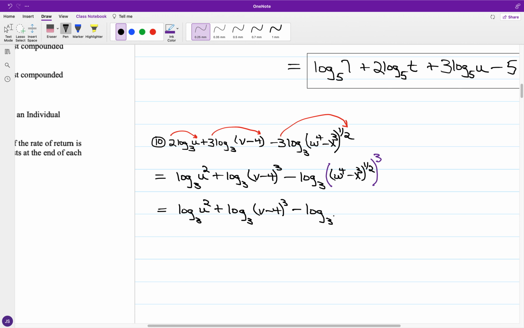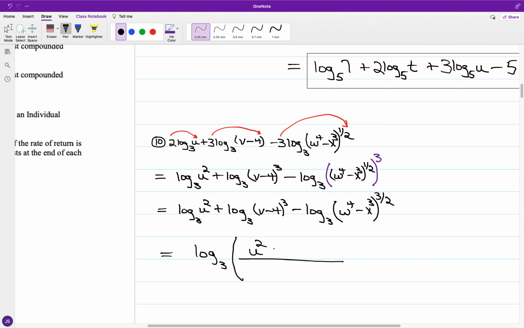And now we have minus the base 3 logarithm of w to the fourth minus x cubed to the 1/2 to the third, so this will be to the 3/2. And now we can put together a single base 3 logarithm. U squared stems from a positive logarithmic term, so that goes to the top.